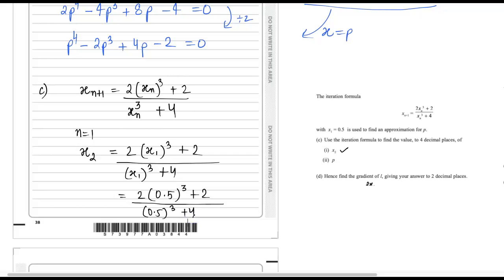Just try not to be copying or missing anything and solving it correctly. Let me check all positive, cubed. Yeah, that is okay. Now I'm using my calculator. x2, I'm getting 0.5455 to 4 decimal places, right? Hope you got the same.